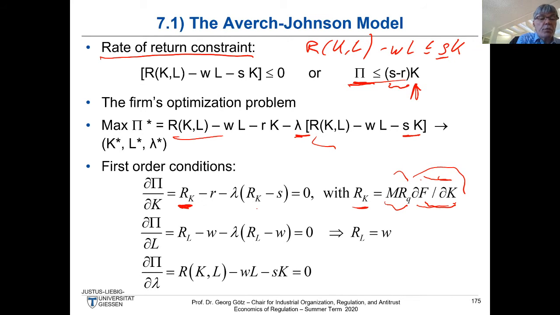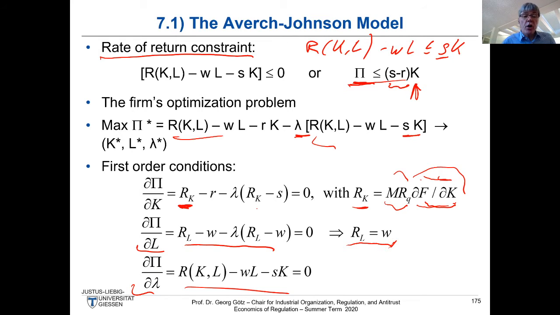We are doing the same for L and lambda. Lambda, of course, yields just the constraint. And here, what is interesting, in terms of labor input, we get a standard result that, in a sense, this would be something like the value marginal product, as if that were a competitive firm, equal to the factor price.